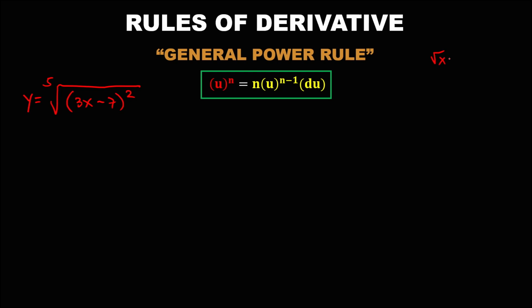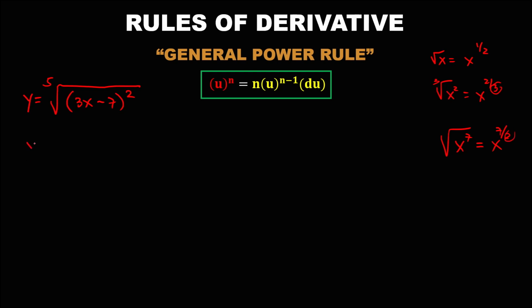Since square root of x is equal to x to the power 1/2, if we have cube root of x squared, this is equal to x to the power 2 over 3. Then if we have the square root of x to the power 7, this is equal to x to the power 7 over 2. So the root is the denominator of the exponent.